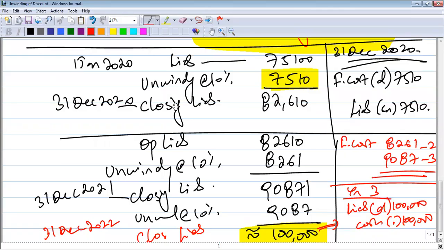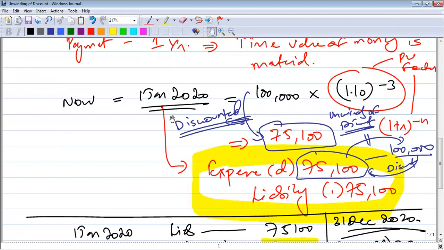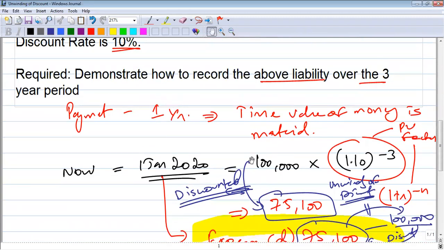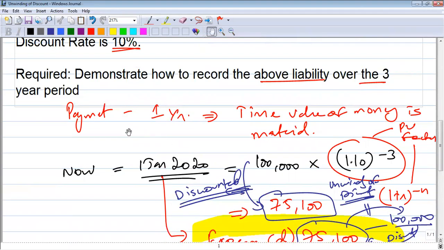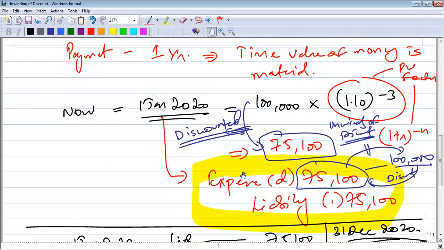So I hope that you have understood what this unwinding of discount is. The first step is to understand the concept of discounting: whenever we have to pay something after 1 year, it is usually assumed that the effect of time value of money is material. If it is material, we recognize the liability at present value.